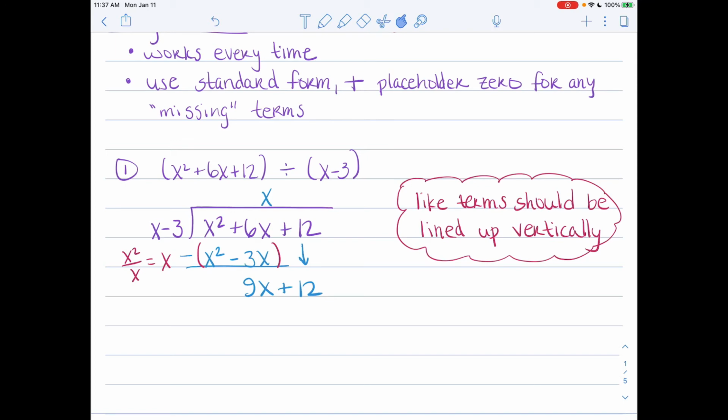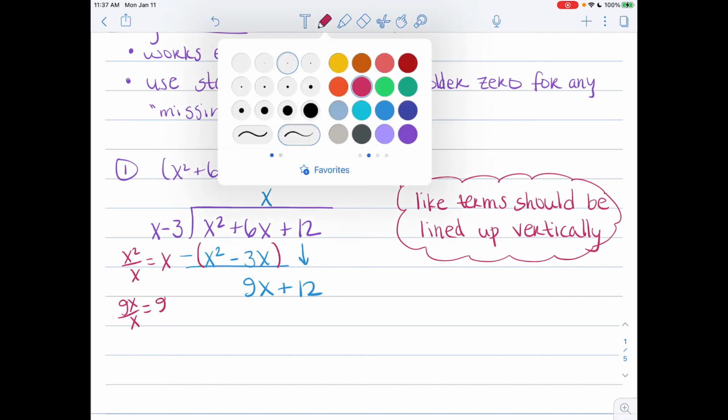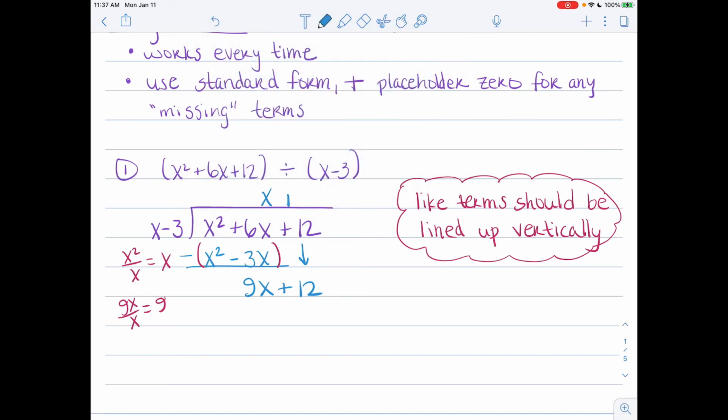So I'm going to ask myself, how many times will x divide into 9x? So let's come over here to the side and say 9x divided by x, and that's 9. So that becomes the next term in my quotient, plus 9.